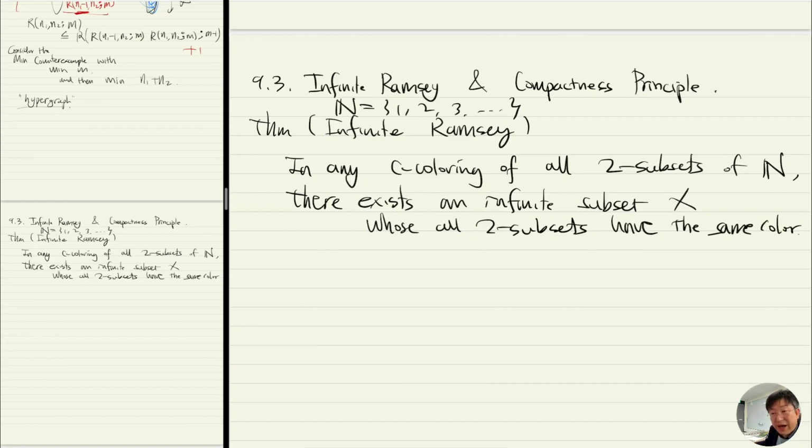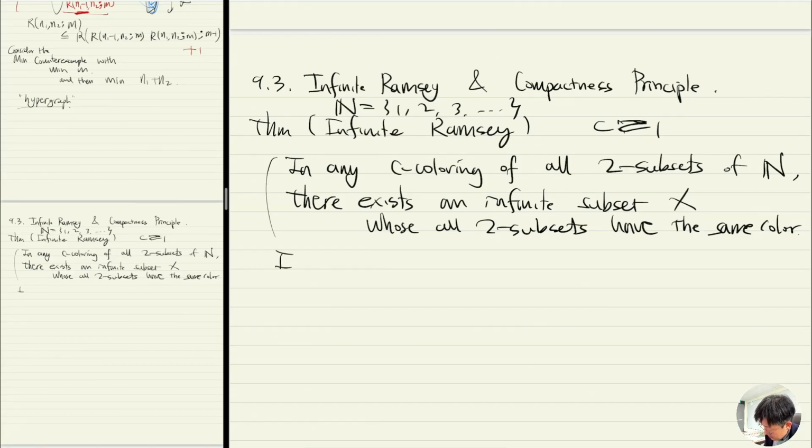So no matter how I color the subsets of size 2 in one of these constant many colors, I can find this infinite subset where all the subsets of size 2 have the same color.